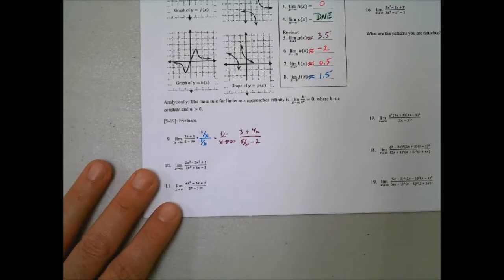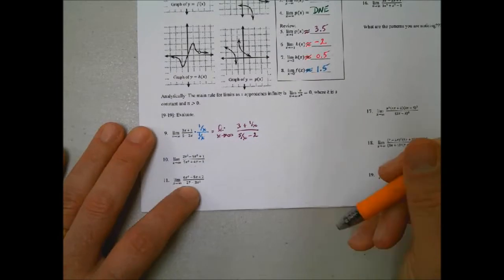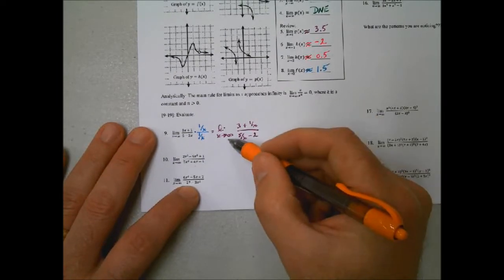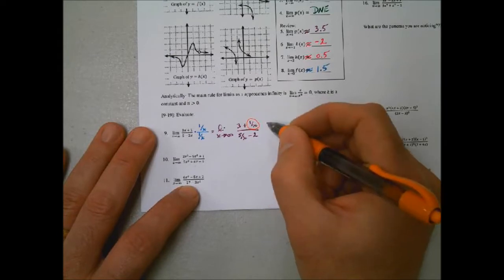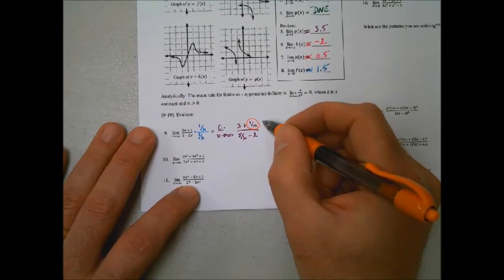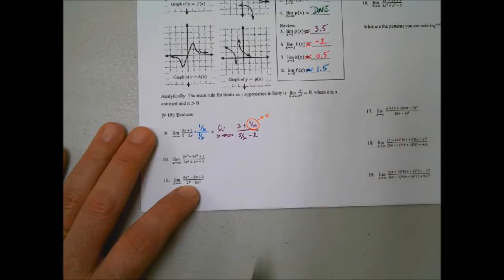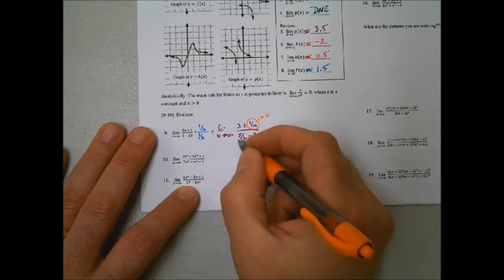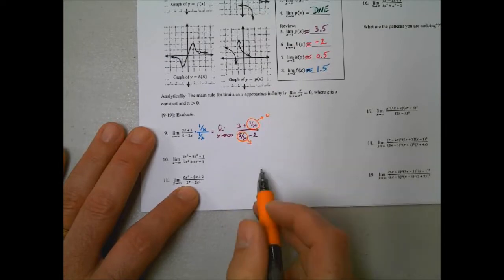Now, how did that help us? Well, we're still taking the limit as x goes to infinity, and here is a constant over x to the positive first power. And so that is going to 0. Here is a constant over x to a positive power.